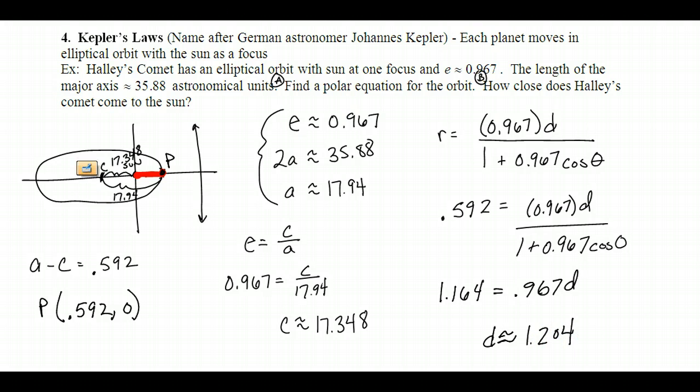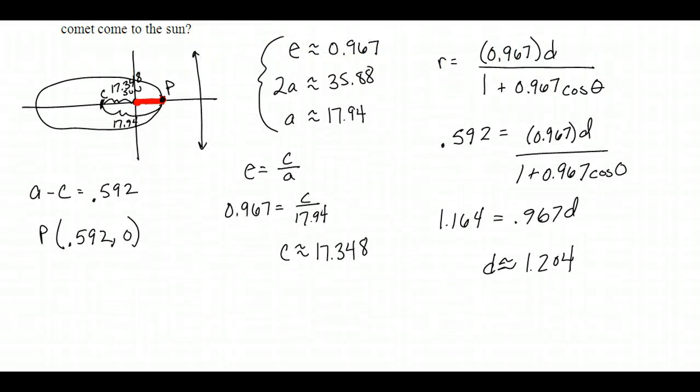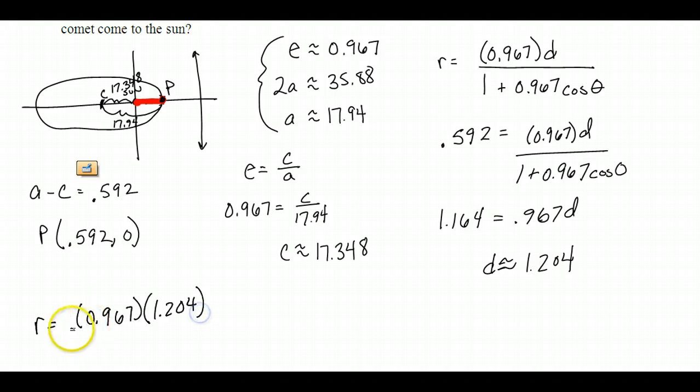And now when I go back and rewrite my equation, R is equal to 0.967 times 1.204, divided by 1 plus 0.967 cosine theta.